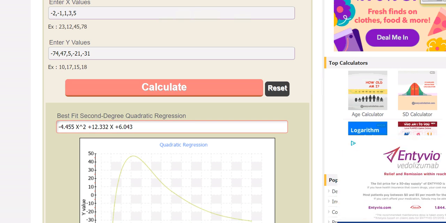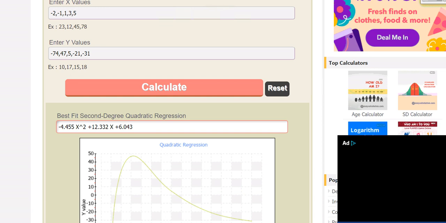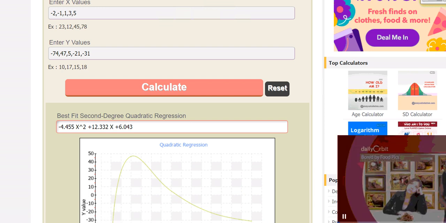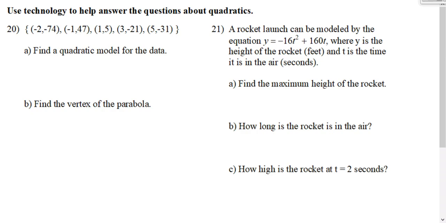So this answer is pretty complicated. I don't think it normally will be this complicated, but it doesn't matter because the computer did all the work for us, right? So it's -4.455. All right, so there we go.